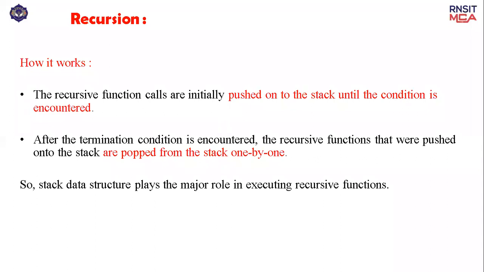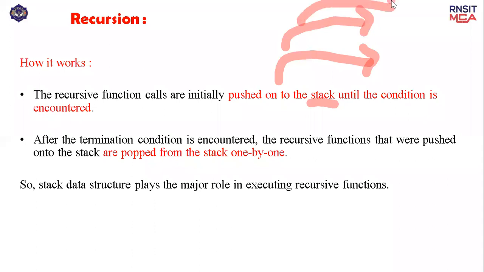Whenever you call the function by itself recursively, repeatedly, what happens? Each time you call, it makes use of a data structure called stack. First time the function is called, it will be pushed to the stack. Second time, it will be pushed. Third time, it will be pushed.